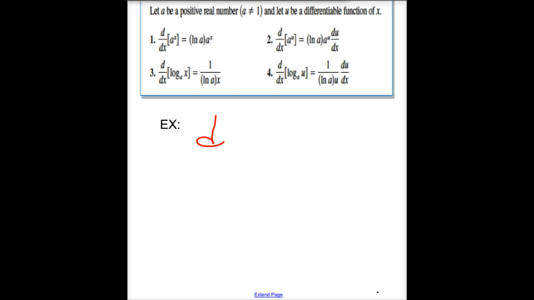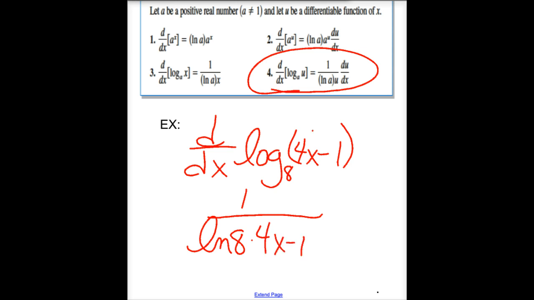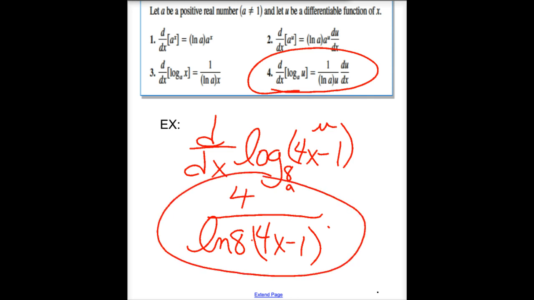So if I do the derivative with respect to x of log base 8 of 4x minus 1, I'd recognize that this is this one, and I would just simply do 1 over ln 8 times the function, which this is u, this is a, times the derivative of the function, which is 4. And it falls out really nicely from that pattern.